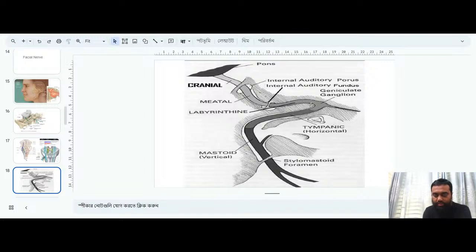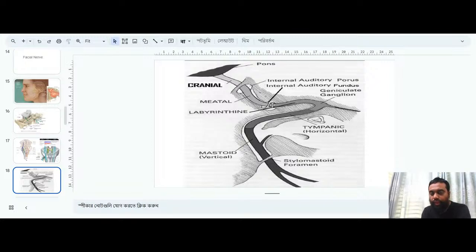And here it comes to form a ganglion, and this is a curve. This curve is forming like an elbow, or there is a genu in here. This region is known as the first genu of the facial nerve. There is a ganglion present in this genu. This ganglion is known as the geniculate ganglion. So first thing, the intracranial part of the facial nerve.